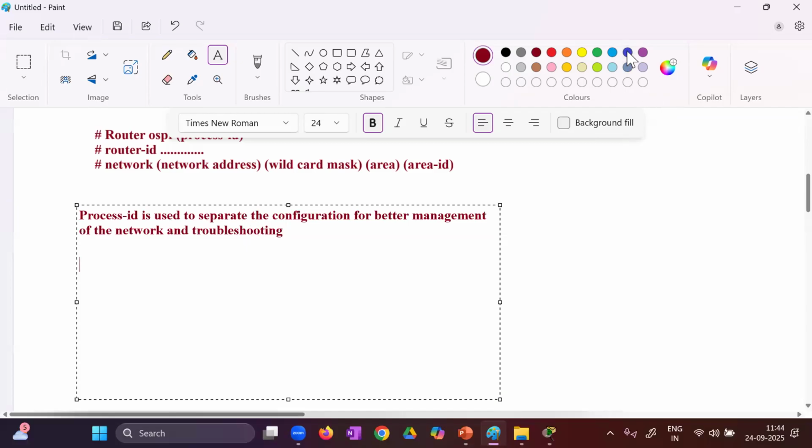Then what will you write? Each process ID requires a unique router ID.